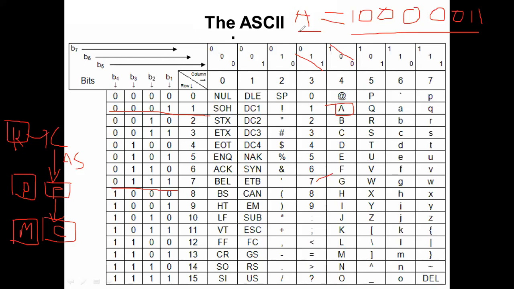Now we are taking one message and finding the equivalent ASCII code for that message. We are taking one example here.